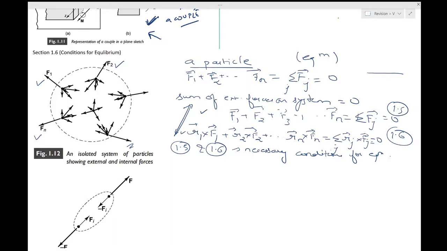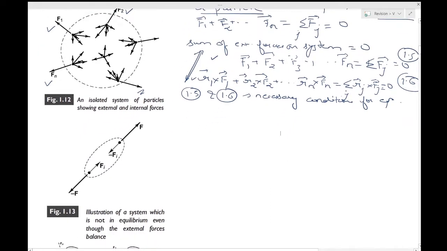Now there is a sort of a converse problem also, which we must discuss just so that our concepts are clear. Suppose you know that the external forces acting on a system of particles satisfy both 1.5 and 1.6. Can you then say that the constituent particles are in equilibrium?